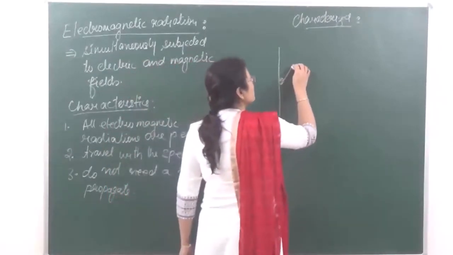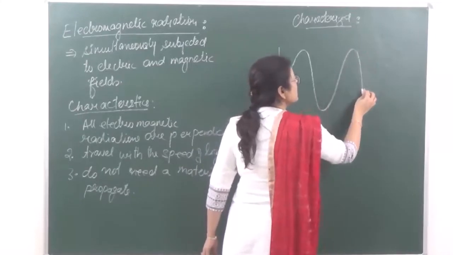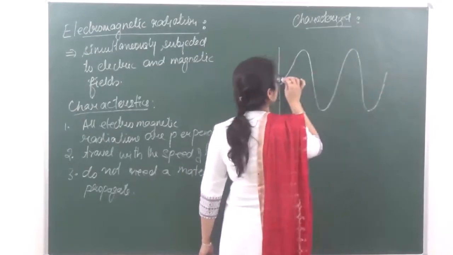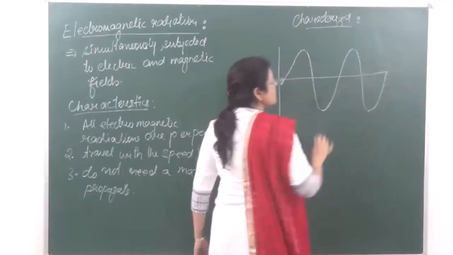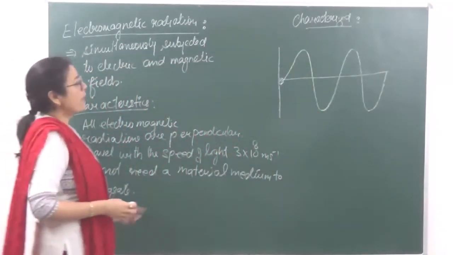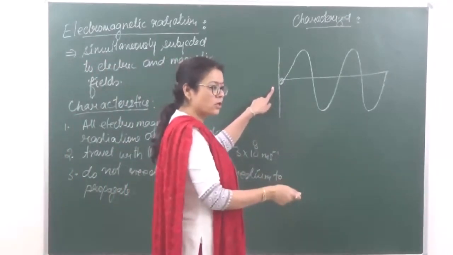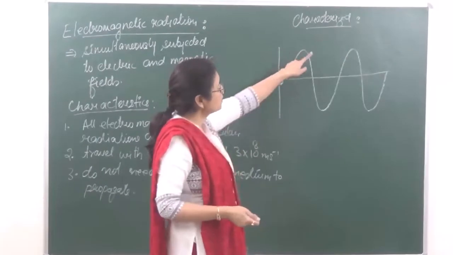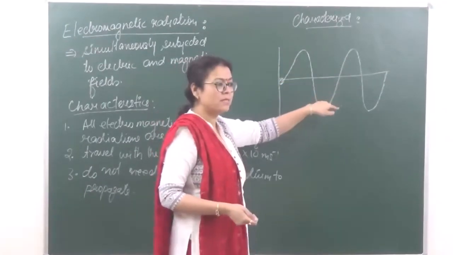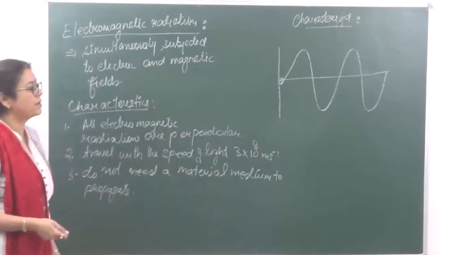The propagation of the electromagnetic radiation is something like this, in a similar manner as you have tied a rope on this fixed point and you give it a jerk. When you give a jerk, the pattern which would be seen would be something like this. That is what electromagnetic radiations are.